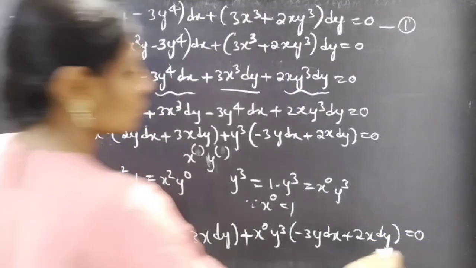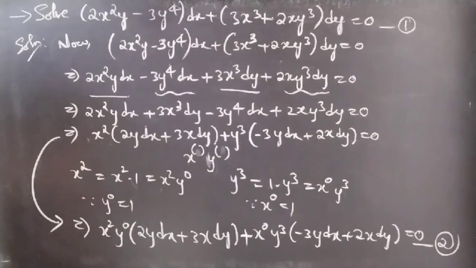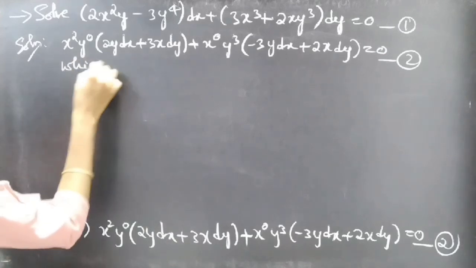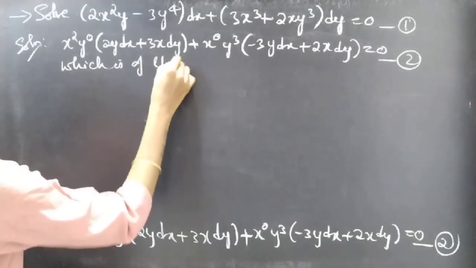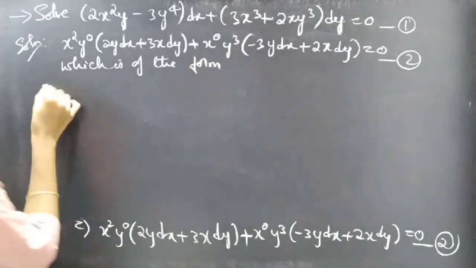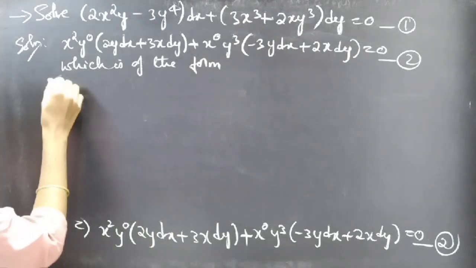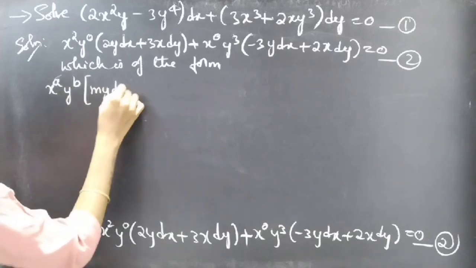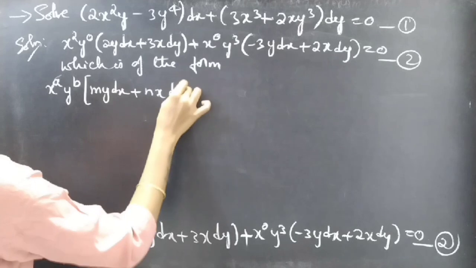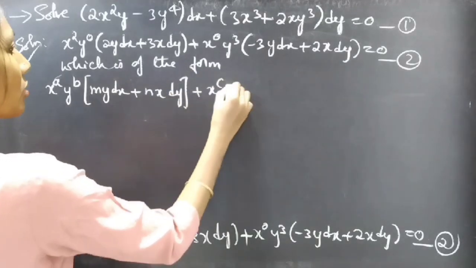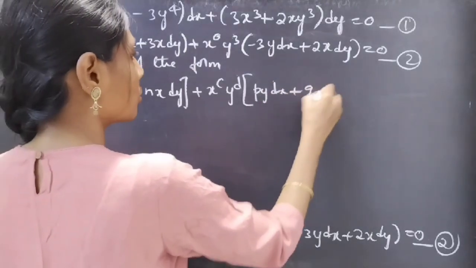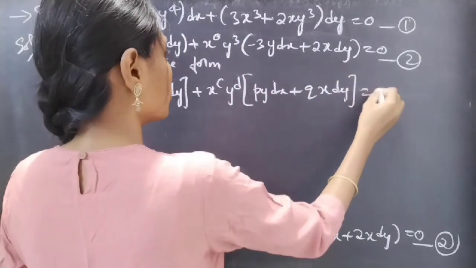Consider it as equation 2, which is of the form x power a y power b into m y dx plus n x dy plus x power c y power d into p y dx plus q x dy equal to 0.